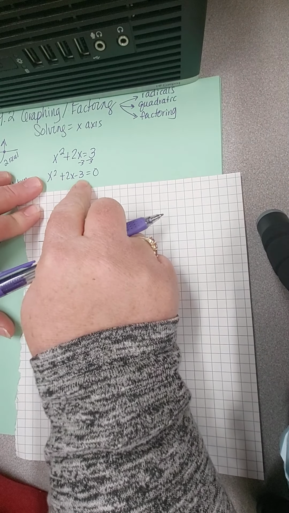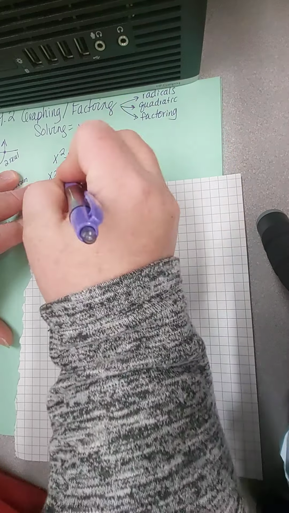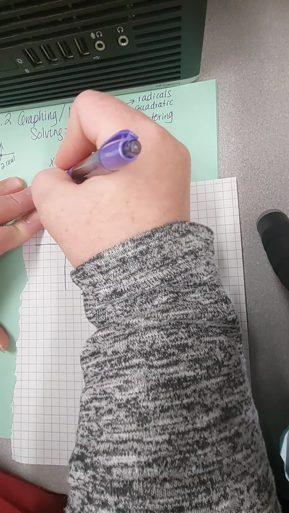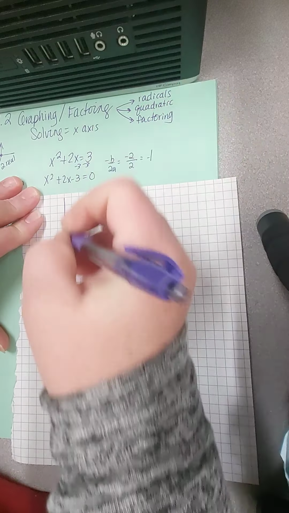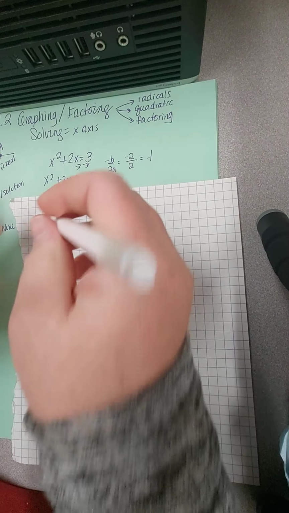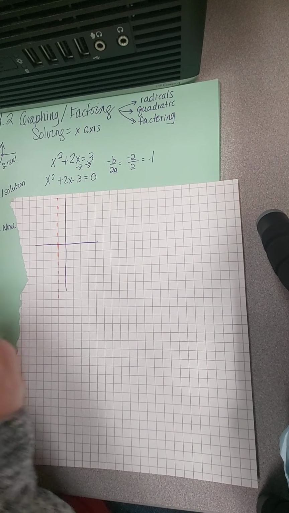This is in standard form, right? So negative b over 2a. This would be negative 2 over 2, which is negative 1. So my axis of symmetry is here.